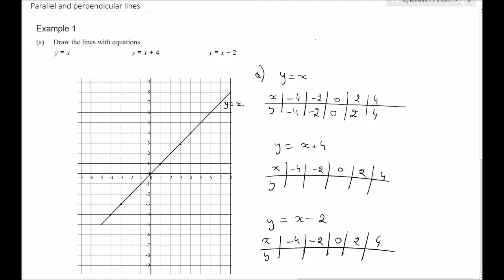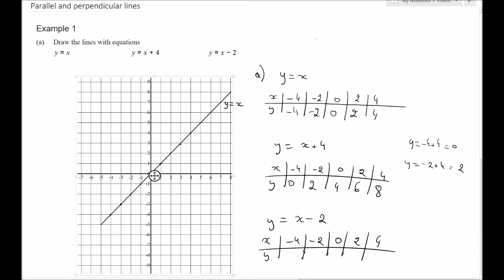Okay, so when x is minus 4, we get y is equal to minus 4 plus 4, which is going to be 0, obviously. Then, when x is minus 2, y is going to be minus 2 plus 4, which is 2. And so on and so on. Let's add that, and then you get a certain amount of coordinates. Minus 4, 0, that's here.